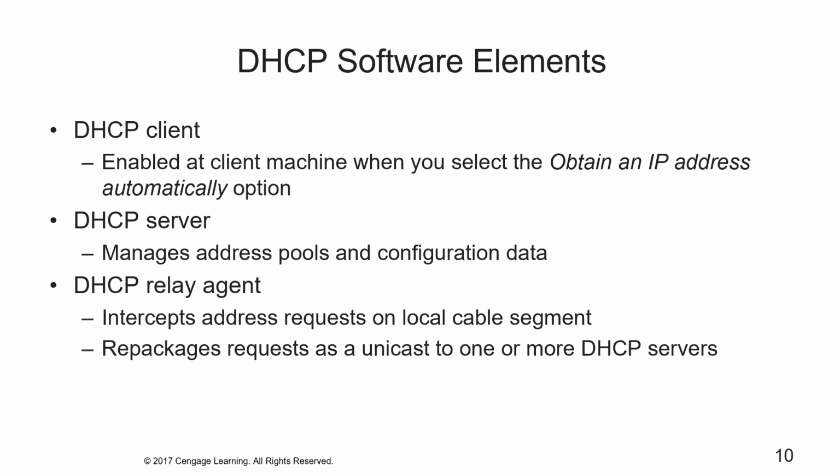Now, as we said before, most DHCP messages are sent as broadcasts. If a DHCP client must send an address request to a DHCP server on another subnet, it has to use a router that's enabled to forward DHCP broadcasts. This is not really forwarding in the true sense of the word, but relaying. A relay agent doesn't forward broadcasts.